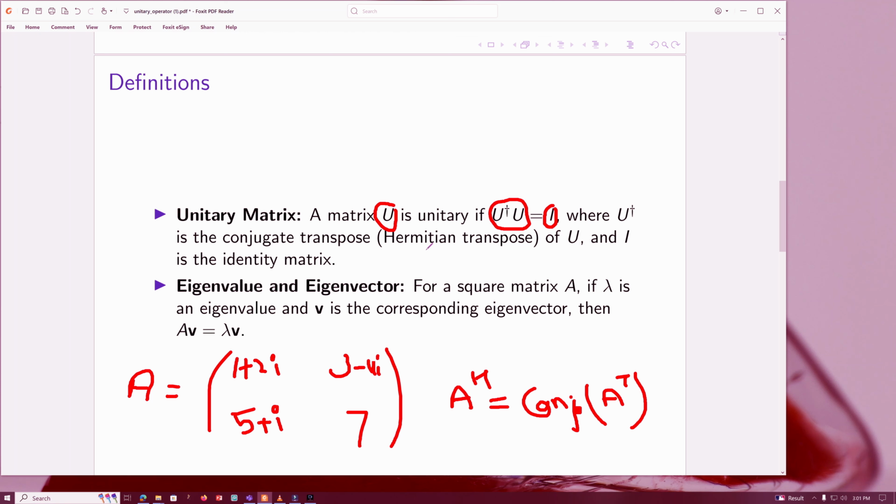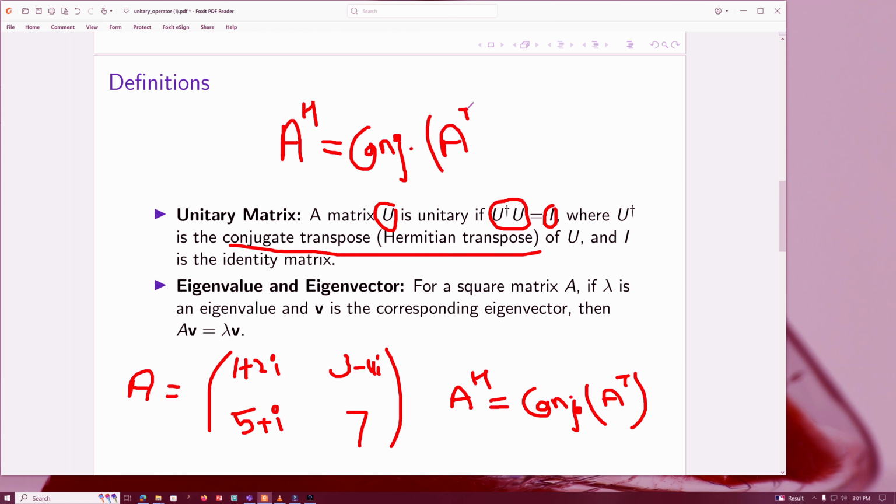So to understand this, let's look at what is the conjugate transpose or Hermitian transpose. To understand this better, let's take an example A. The Hermitian transpose of A is the conjugate of the matrix obtained after transposing the matrix.